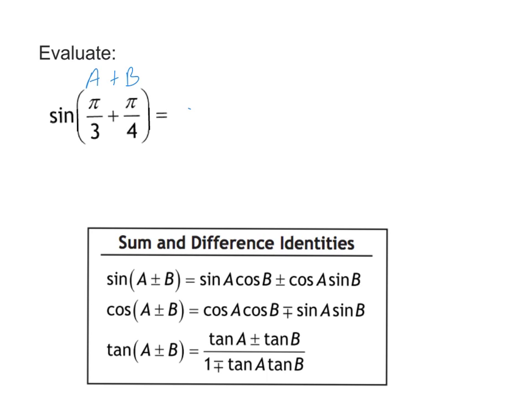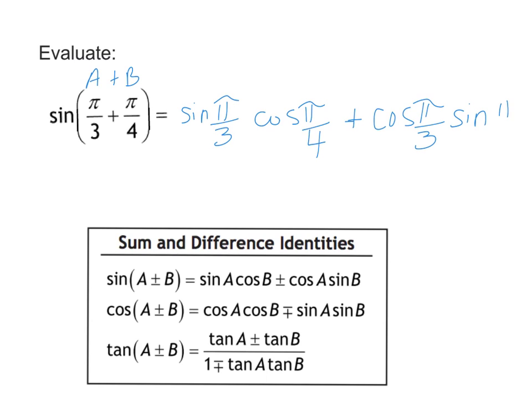So when we write that out, it's going to be sine pi over 3, cos pi over 4, plus cosine A, which is pi over 3, sine B, and B is pi over 4. So that's how that sine pi over 3 plus pi over 4 expands. It's this whole big thing. Not just the sine of pi over 3 plus the sine of pi over 4.